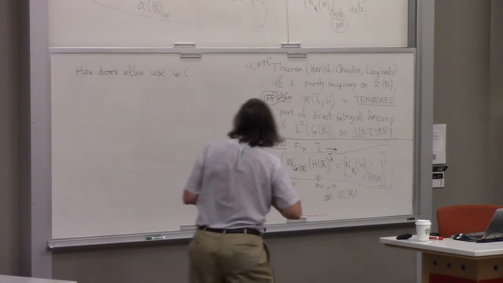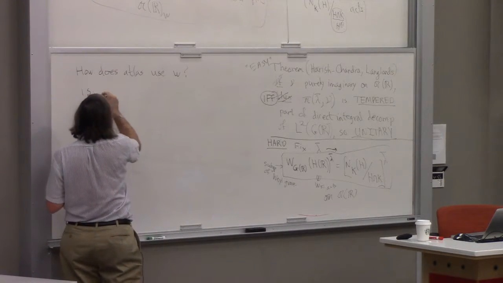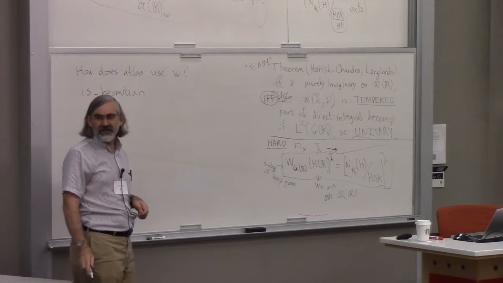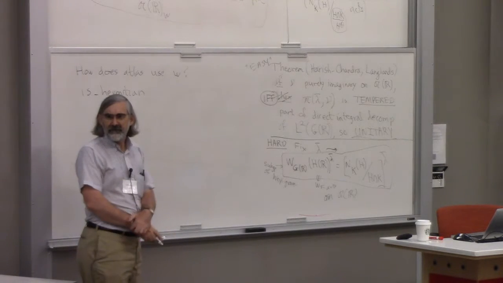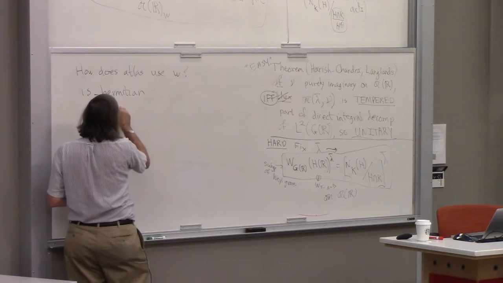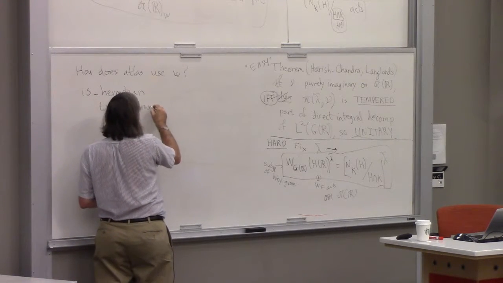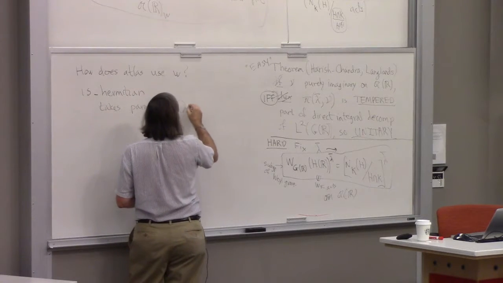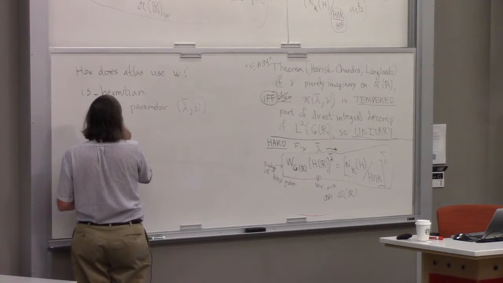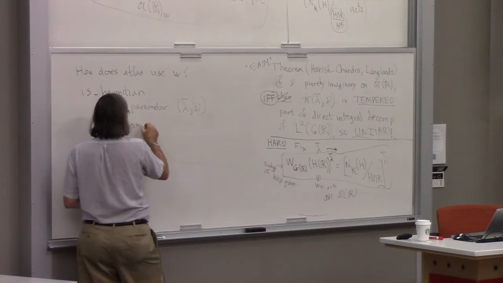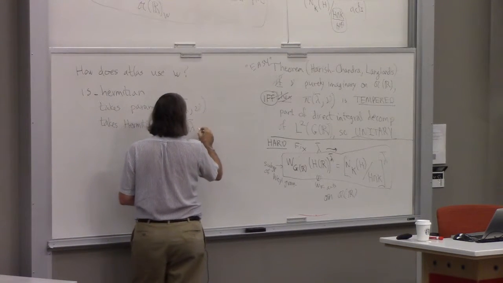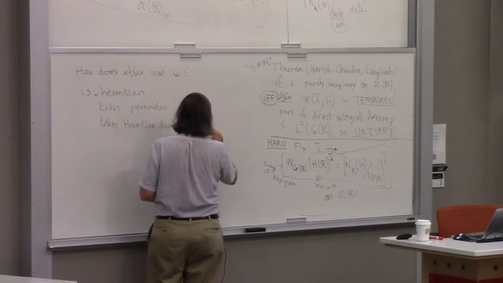I think there's a function like this, Hermitian, for a parameter, and what this does is it takes a parameter lambda bar and nu. It takes the Hermitian dual, which is lambda bar minus nu.